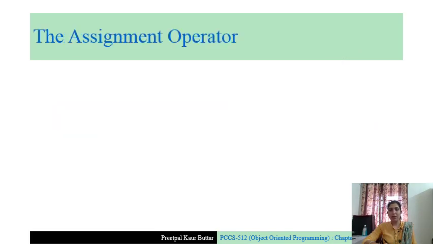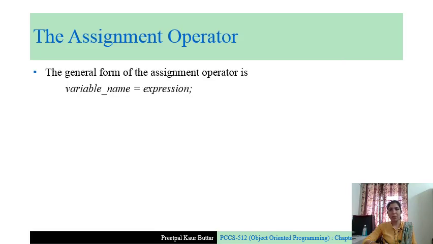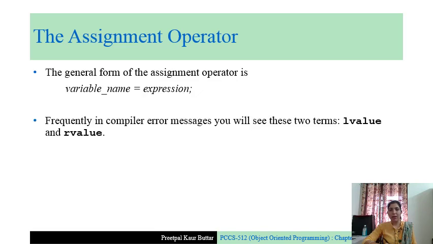So first we will discuss the assignment operator. The general form of the assignment operator is variable name equal to expression. Frequently in compiler messages you will see these two terms, L value and R value.